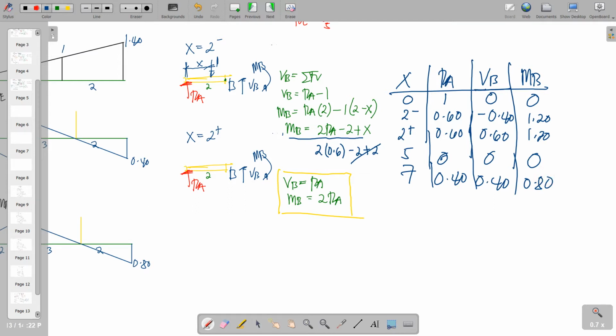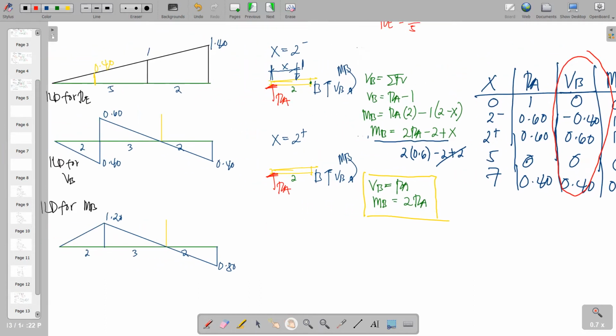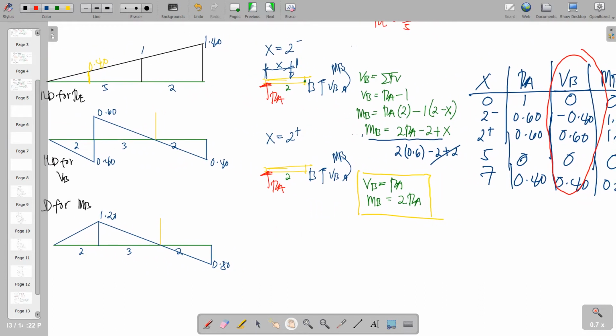So if we take a look at this plot, here it is, ILD for VB. At x is equal to 0, 0. Just left of B, negative 0.4. Just right of it, positive 0.6.